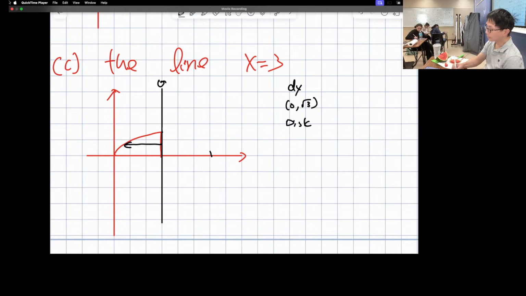Okay, so we're going to integrate from 0 to √3 with pi, and we know there's r of y. Now, here's the hard part. Who's very confident about the answer for r of y? Chris, yes? 3 minus y squared. Did anybody get something different?